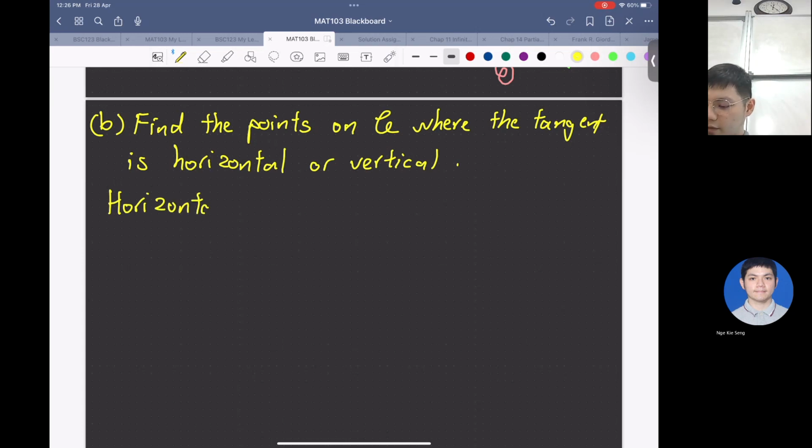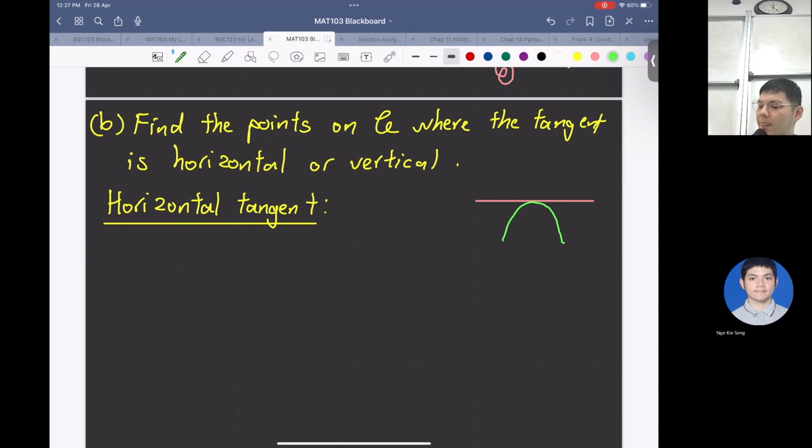Any idea on how to find horizontal tangent? Or maybe, do you know what a horizontal tangent is? So the tangent line should be horizontal. Okay, so you can imagine the curve is like something like this. Okay, so what happens if you have horizontal tangent? Gradient equals 0.